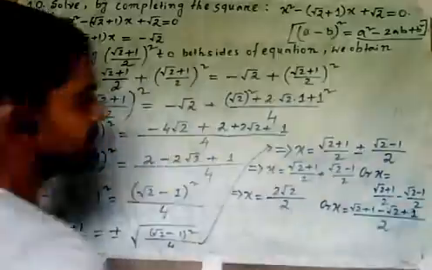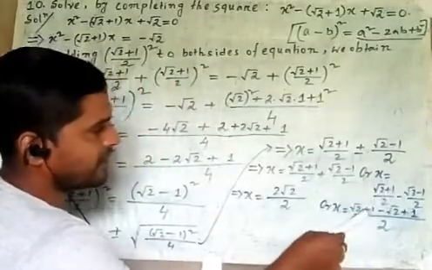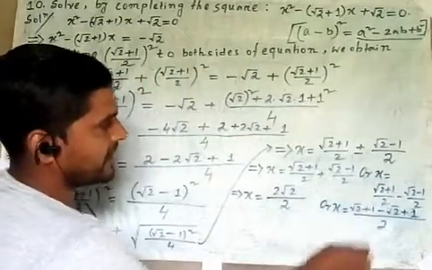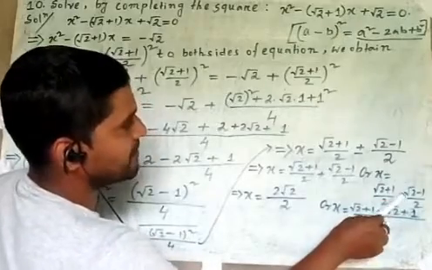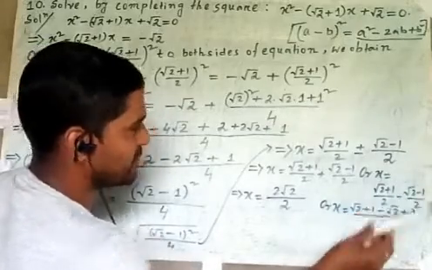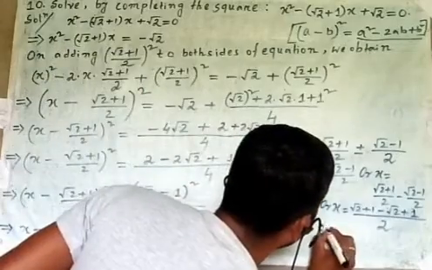This is the very important part: root 2 plus 1 is root 2 plus 1, then minus is minus, root 2 is root 2, but for this minus symbol, minus and minus will be plus 1.